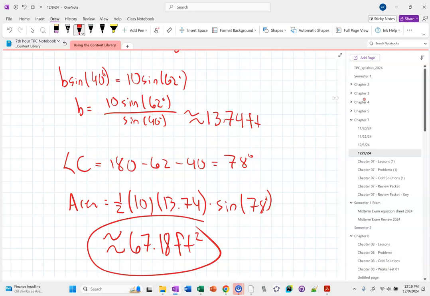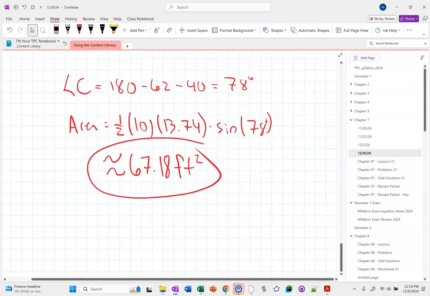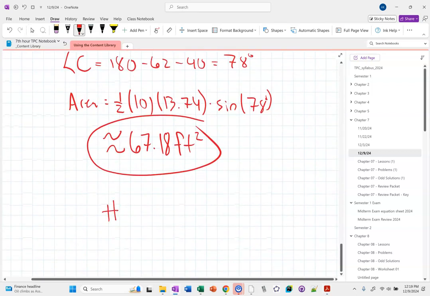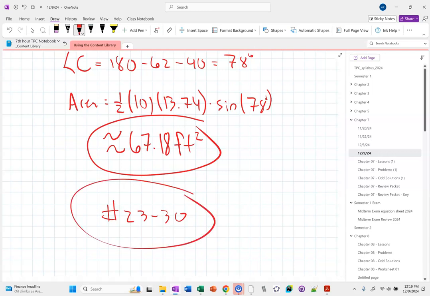That's it for chapter 7. That's the last thing. So for you guys, for Sunday, your final problem set for the semester will be 23 through 30. It's the final problem set for the semester. So Sunday at midnight will also be the final opportunity for any chapter 7 late work.